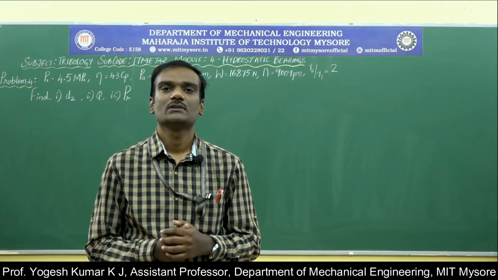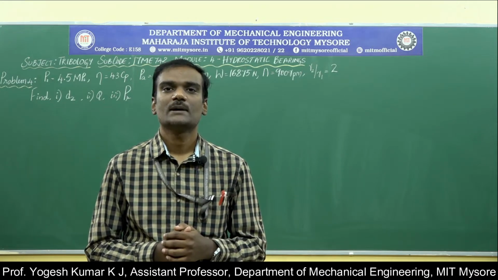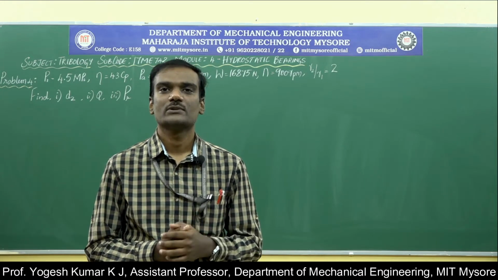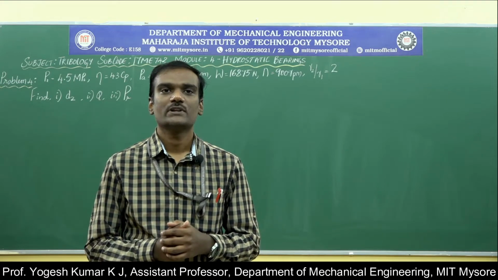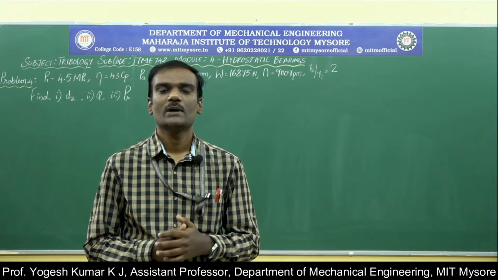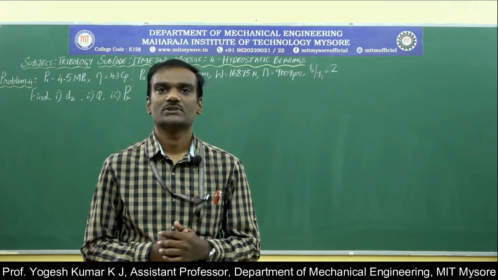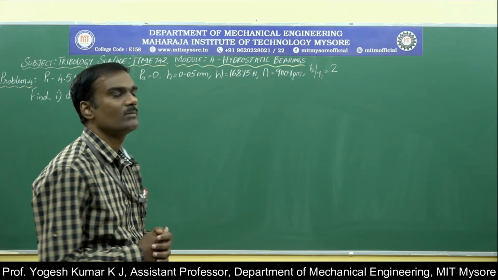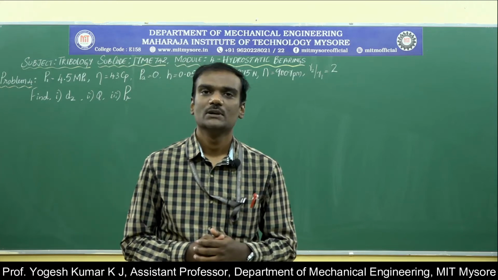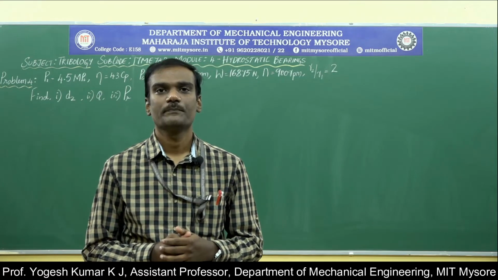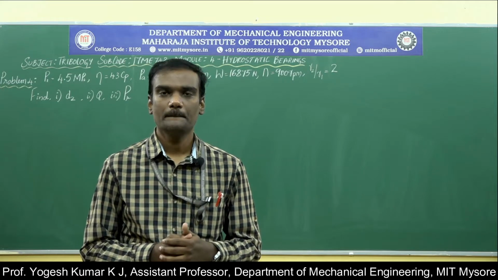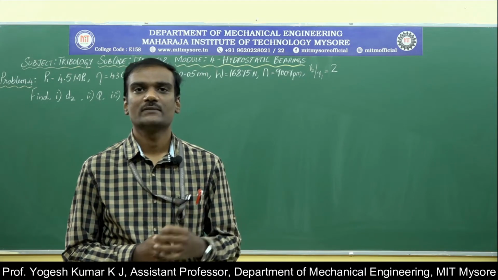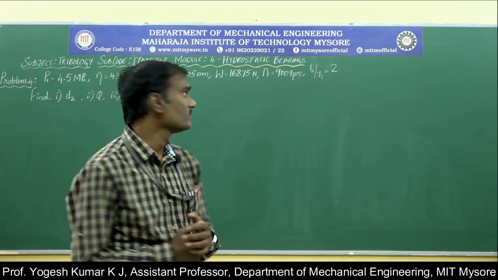Inlet oil pressure is 4.5 megapascal, the viscosity of the lubricating oil under the operating condition is 43 centipoise, external pressure equals 0, minimum oil film thickness is 0.05 millimeters, speed of the shaft is 900 rpm, and the vertical load acting on the bearing is 16875 newtons.